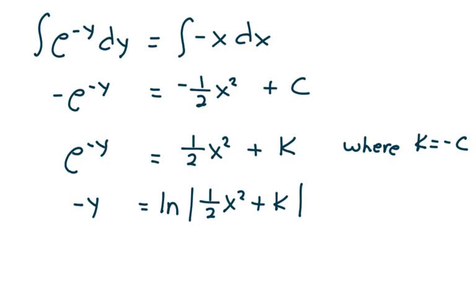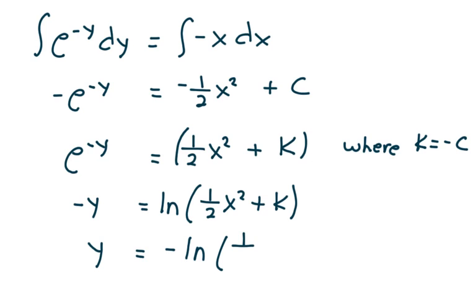And in fact, e^(-y) is positive, so that means under appropriate values of x, and of course k, that right side has to be positive as well, so we don't need absolute values. So technically we could do this. And so y is negative natural log of (1/2 x squared plus k).